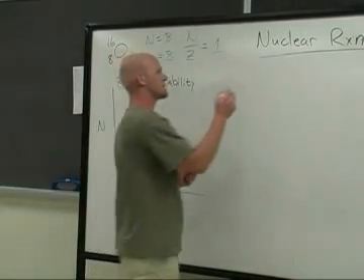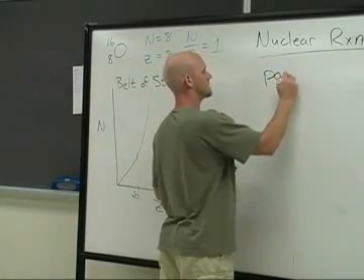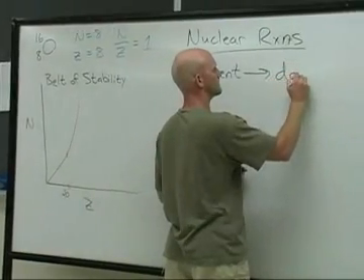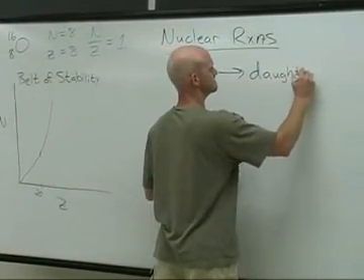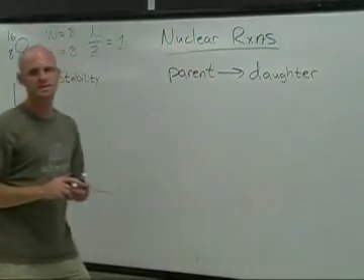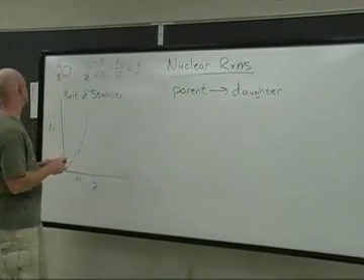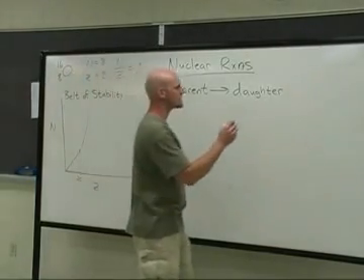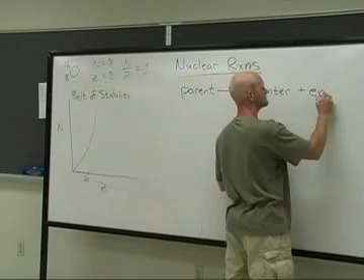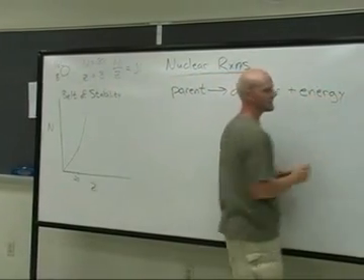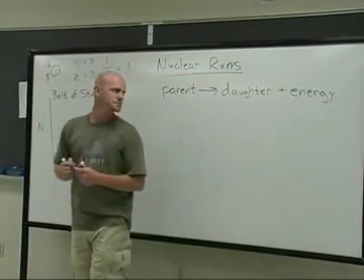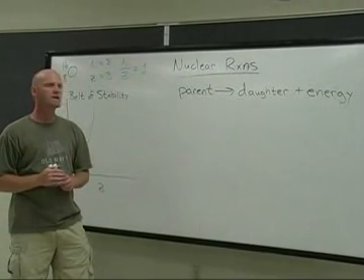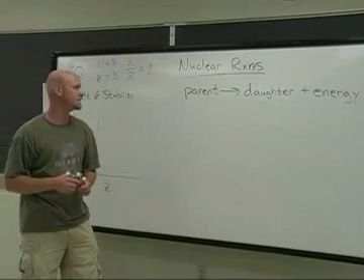Oftentimes you'll see this general form: the parent nucleus will turn into a daughter nucleus, and you might also get some other particle present as well. What you also always get as a product in a nuclear reaction is energy. Nuclear reactions all give off energy, and typically a fair amount of energy.